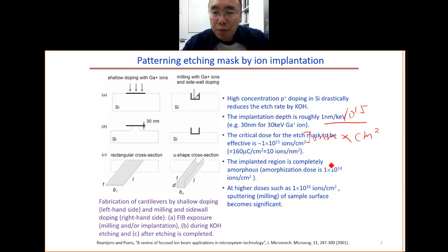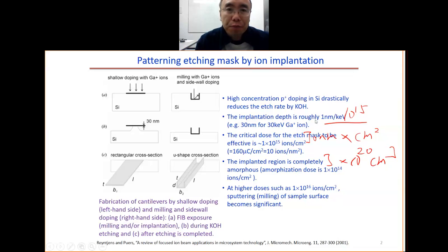This number is given by 3 times 10 to the power 20. You can see this number is much higher than the 10 to the power 19 we have drawn before. So we have this high concentration of dopant, high enough to make the etching rate almost zero.